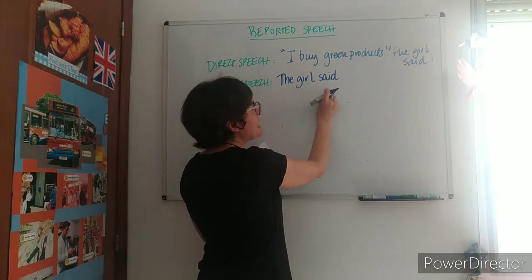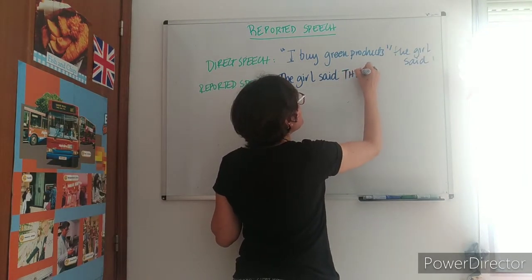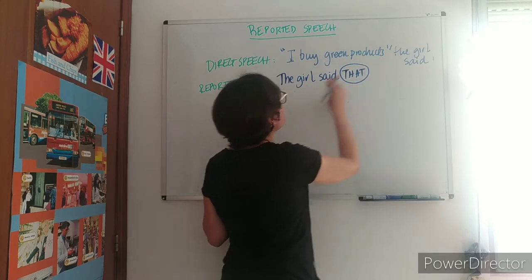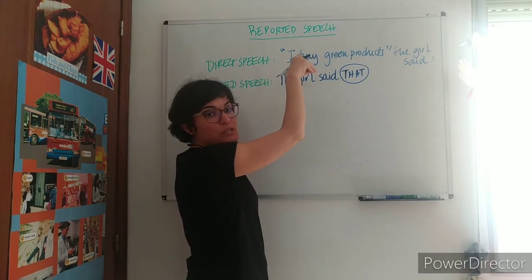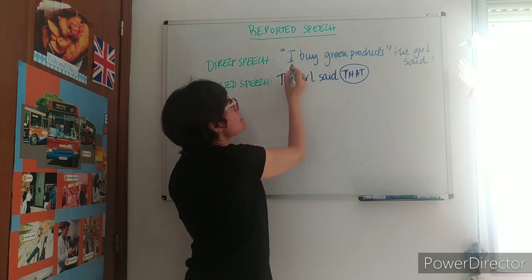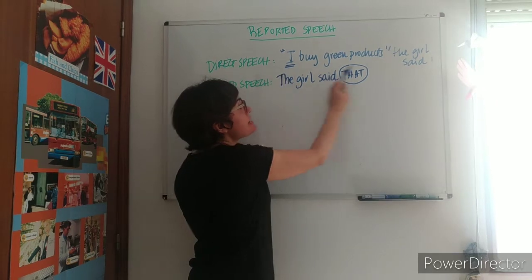So the girl said, and then we include that. The girl said that, and then the direct speech sentence. In this case, who is I? I is the girl.